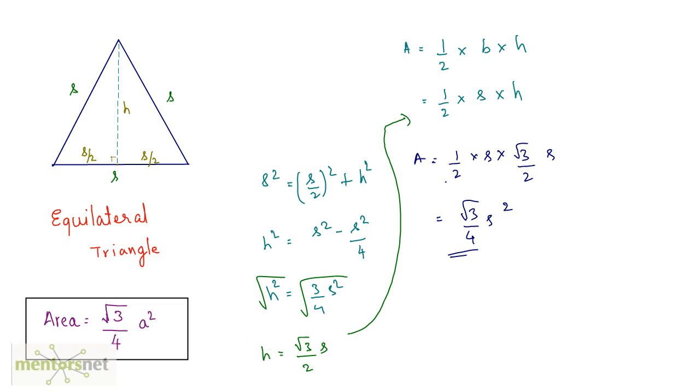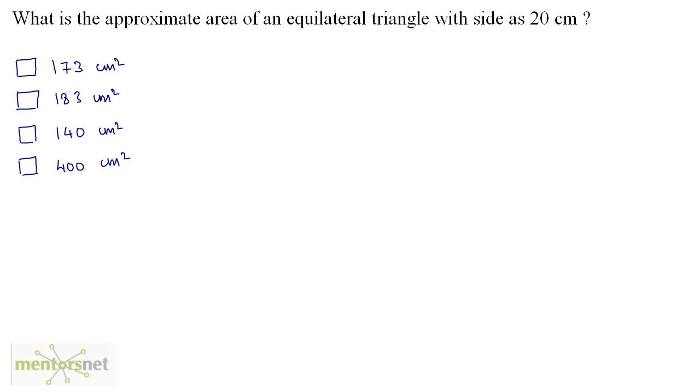Now let us solve questions related to an equilateral triangle. What is the approximate area of an equilateral triangle with the side as 20 centimeters? So we know the formula for calculating the area of an equilateral triangle, that's root 3 by 4 times the side square, and we have been given the side.